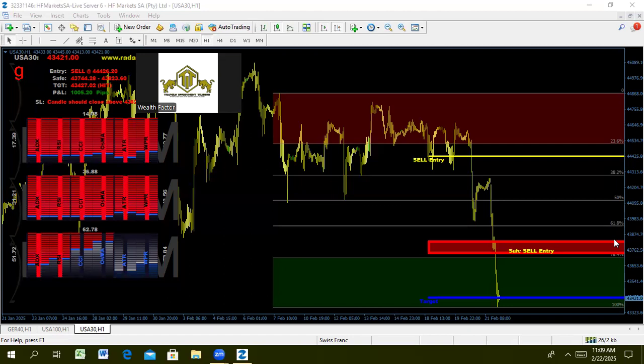If you don't know how to analyze or identify your support and resistance levels, the system will automatically give you these levels. As you can see, the system gave us our level right here. This is our support level, and this one is our resistance level.